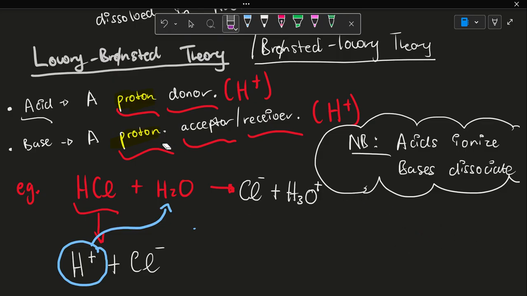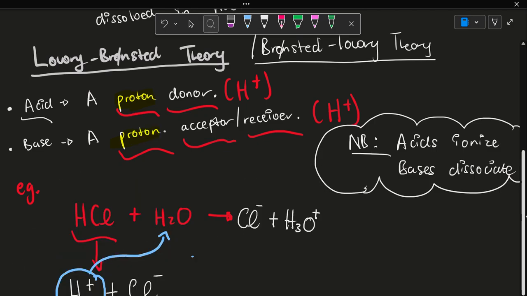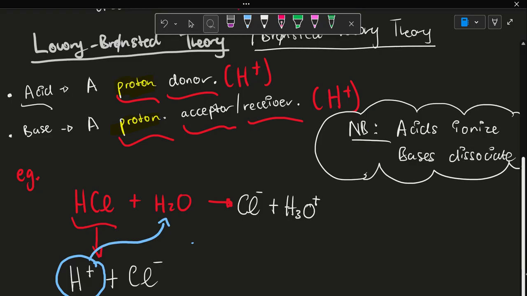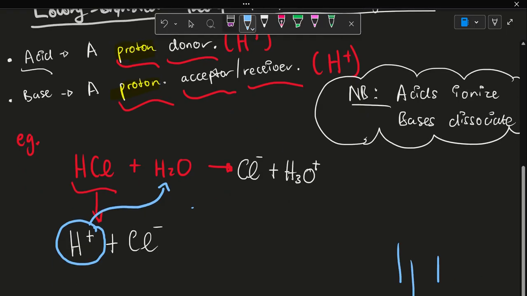Okay, now so we have that. Now, the reason I would say that the Arrhenius theory and the Lowry-Bronsted theory, though different, somehow boil down to the same idea, is this. Notice something.